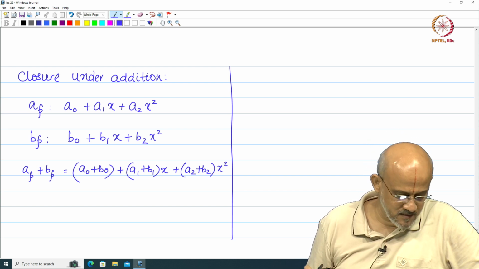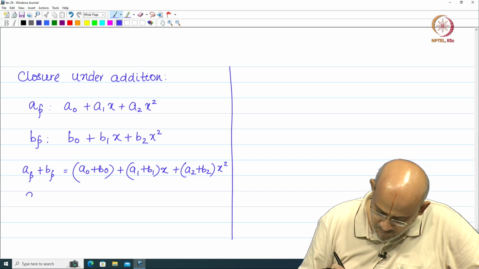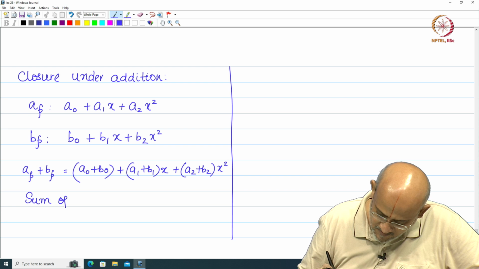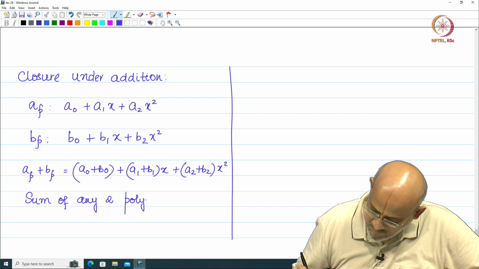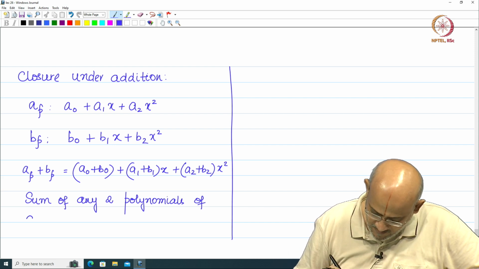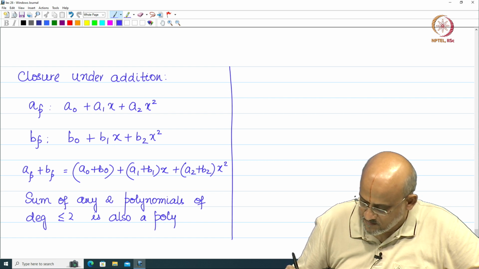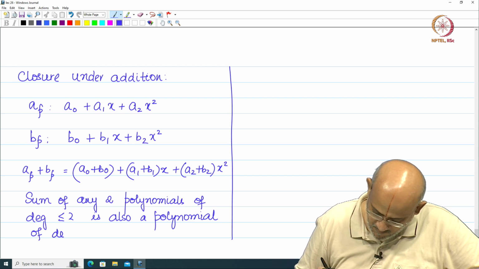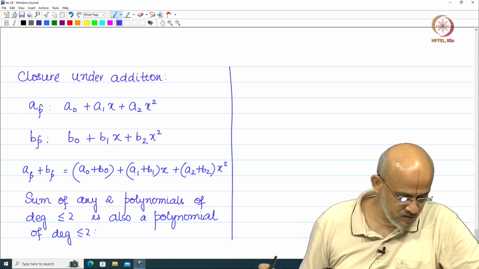So, this is going to be closed under addition. The sum of any two polynomials of degree less than or equal to 2 is also a polynomial of degree less than or equal to 2.